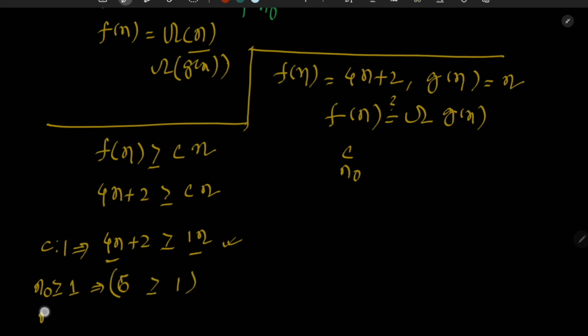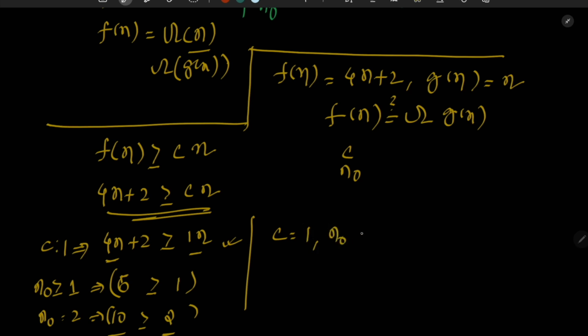If we have n naught as 2, then we have 4 twos are 8 plus 2, 10, and this is going to be 2 basically. So 10 is greater than or equal to 2. So what we found out is that for this condition to be satisfied, c should be 1 and n naught could be greater than or equal to 1.